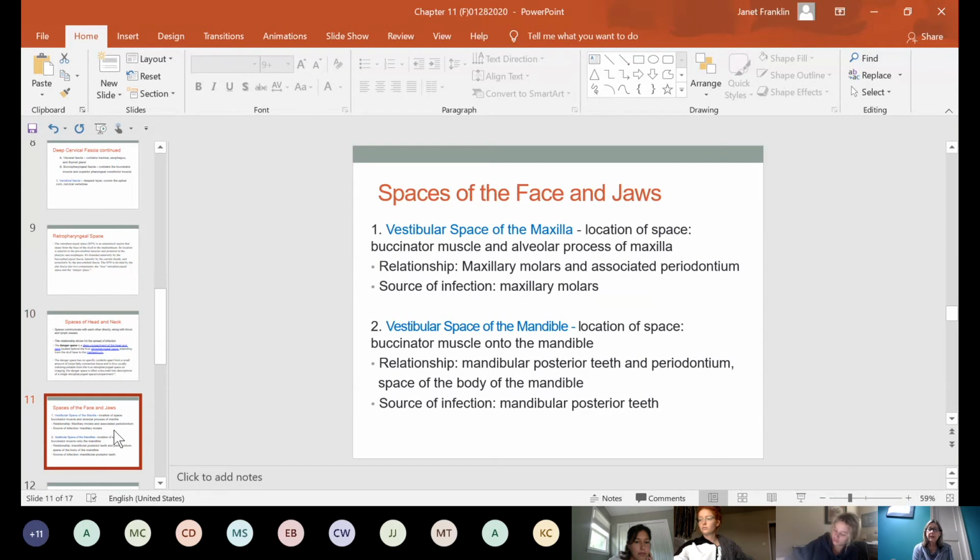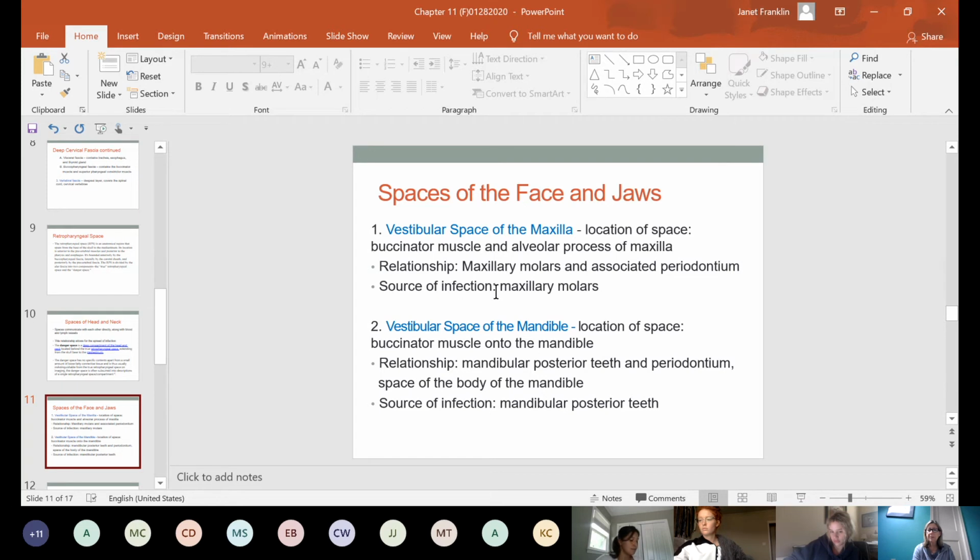So you've got your spaces of the face and jaws, your vestibular space of the maxilla, and your vestibular space of the mandible. So think about vestibules. Your vestibules are those little archways. Vestibular space of the maxilla, and then you've got a vestibular space of the mandible. And their relationship, maxillary, this relationship, mandibular posterior.